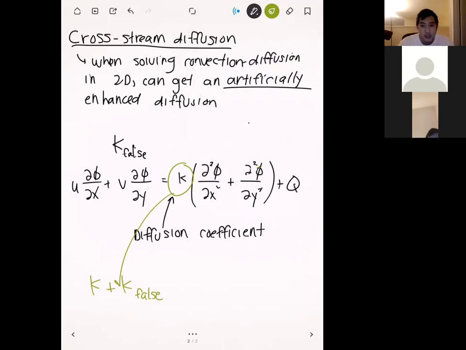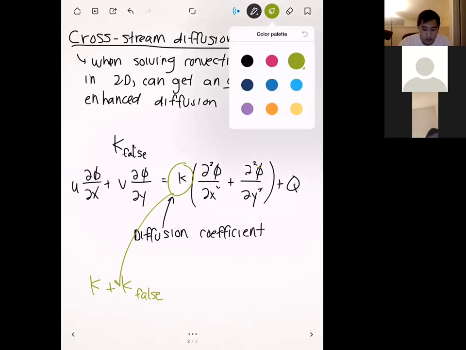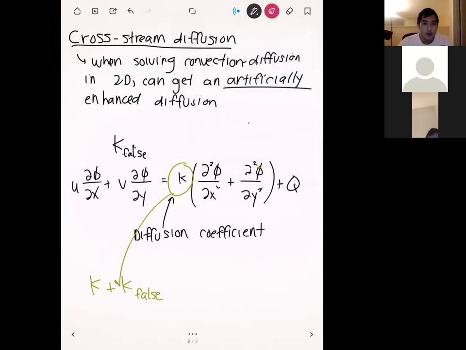We don't want it there because, first of all, it's artificial, and it's usually not good.